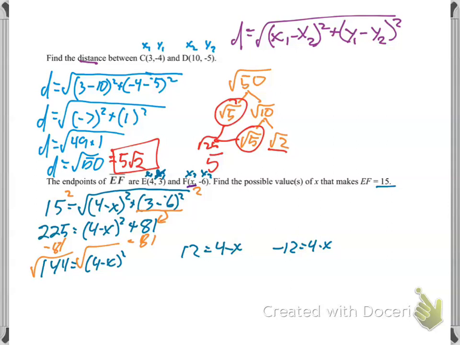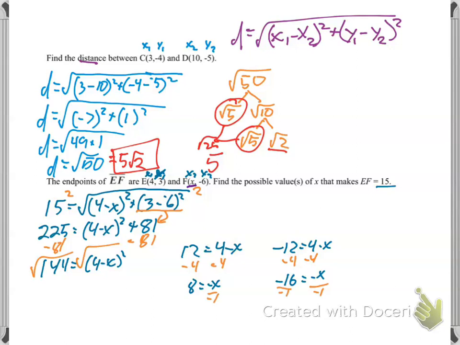Now, either way, we are going to subtract the 4 from both sides. So minus 4, and we're going to do the same thing over here, minus 4. That gives me 12 minus 4 is 8 equals negative x, and negative 12 minus 4 is negative 16 equals negative x. I want to get rid of the negative there, so I'm going to divide both sides by negative 1 all the way across.